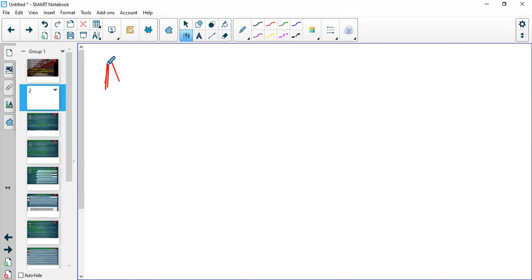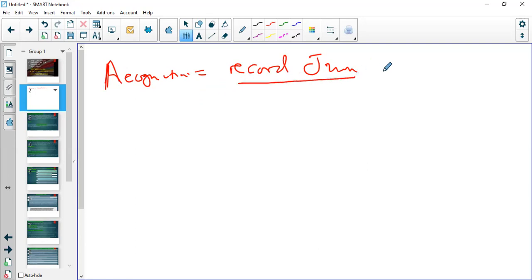Recognition means that we are going to record a transaction in the accounting records. So recognition could be journalizing as well. A question could be asking for the recognition of a particular transaction. In other words, how is it going to be recorded in the journal entries?